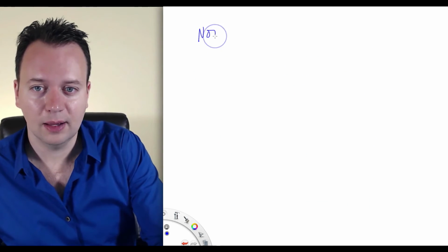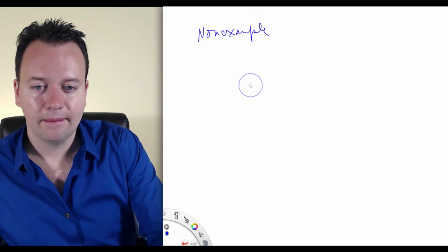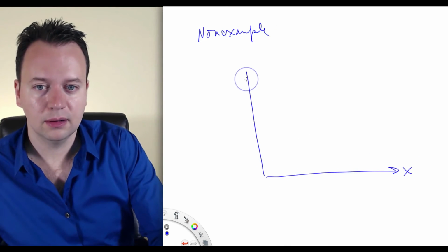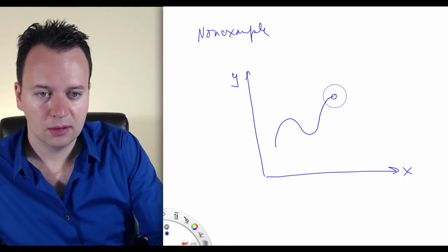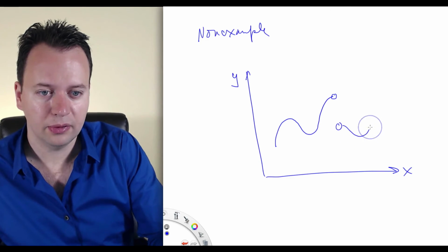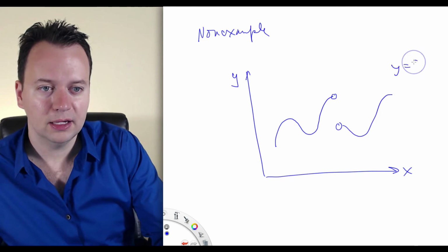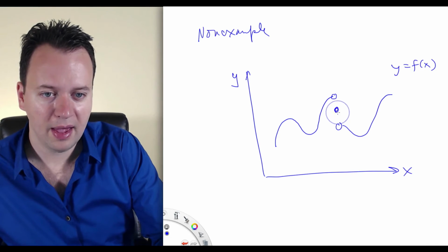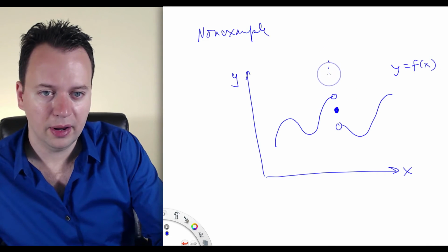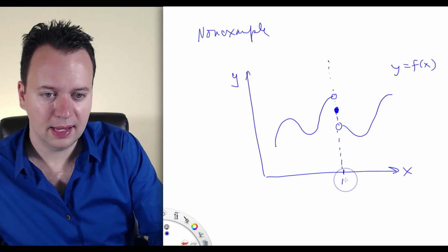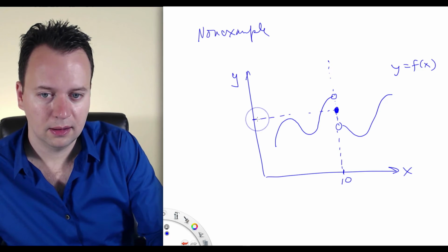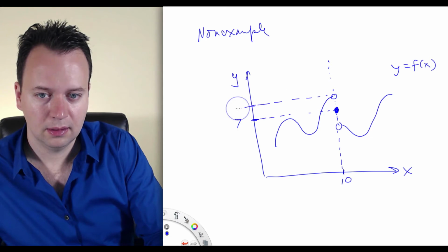So let's do a non-example. Let's do a function that starts out looking continuous, but then there's a gap, there's a jump. Here's y is equal to f of x. Let's say this is 10, this is 7, 9, and 5.